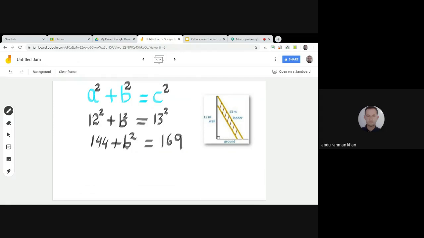Now we have to find b square, but here is 144, so we switch it to the right side. On the left side it's plus, on the right side it becomes negative. So b square equals 169 minus 144.